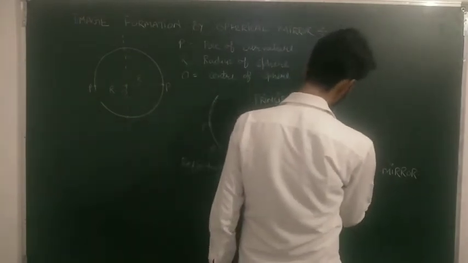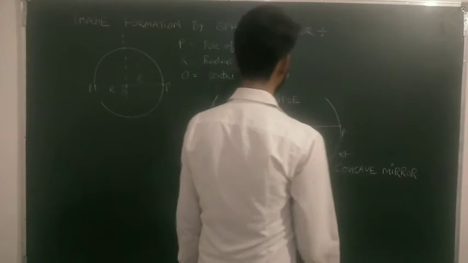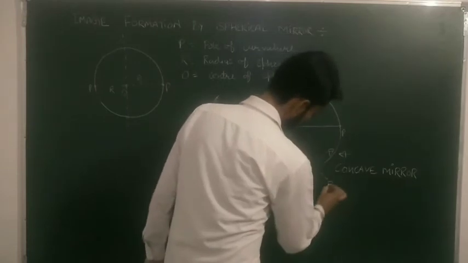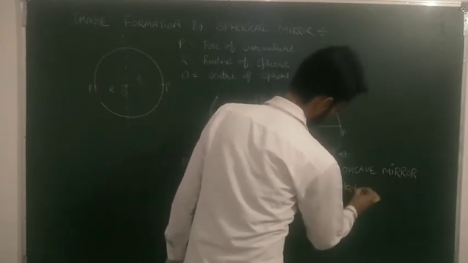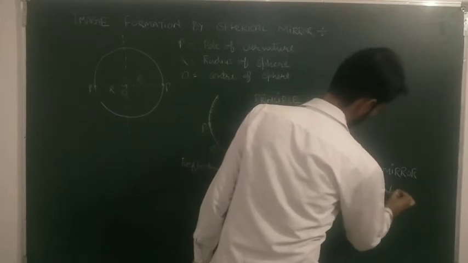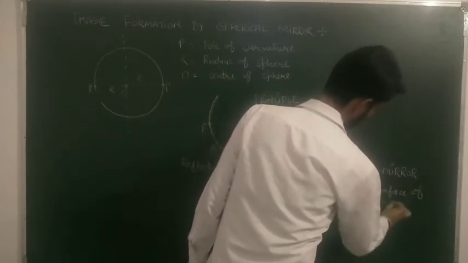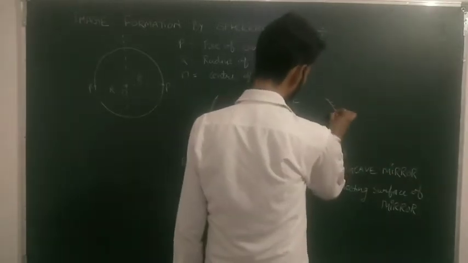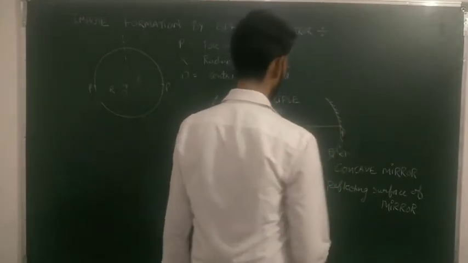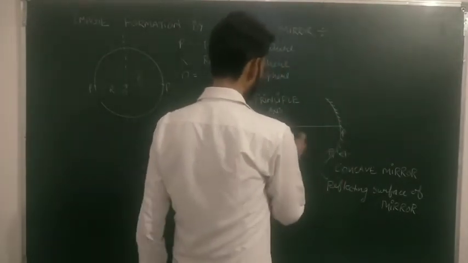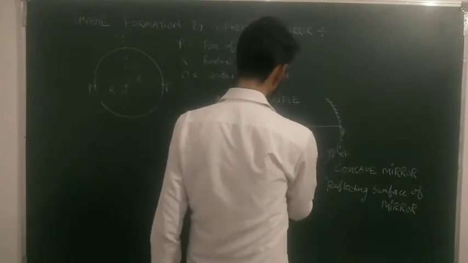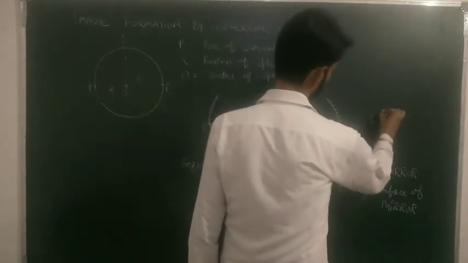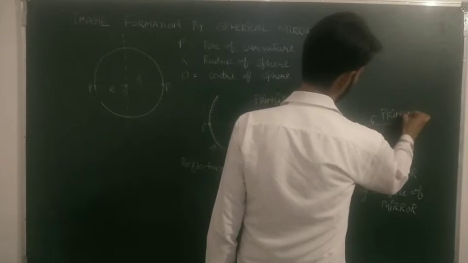This surface is the reflecting surface of the mirror, and this surface is polished. A straight line which passes through the optical center O and the pole of the mirror is called the principal axis.